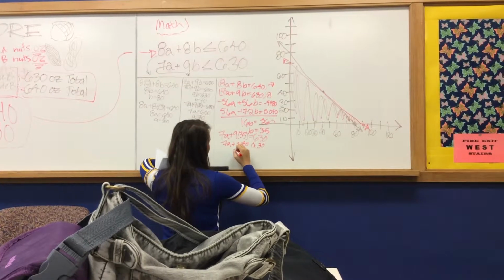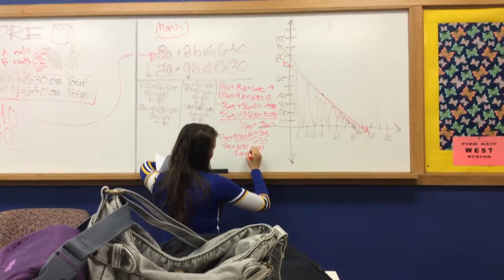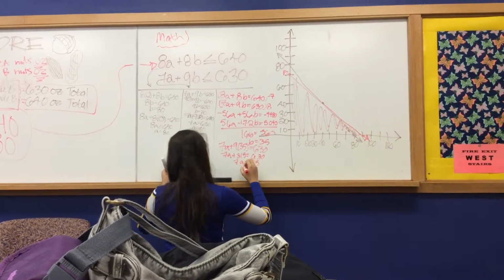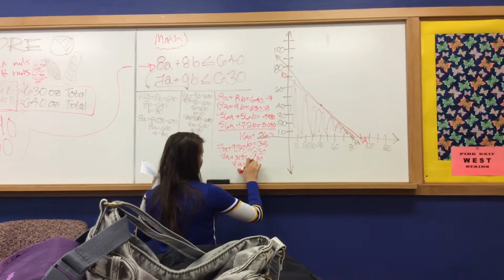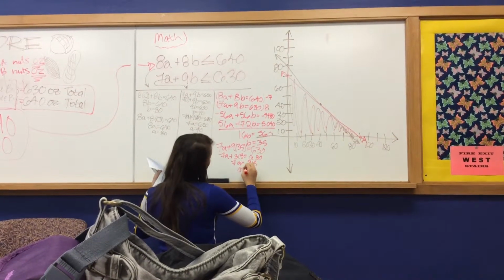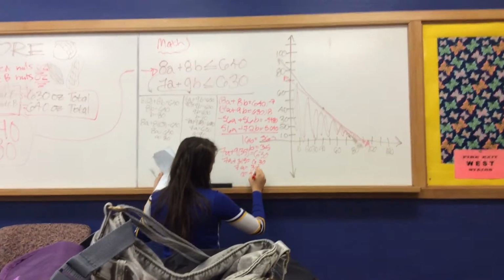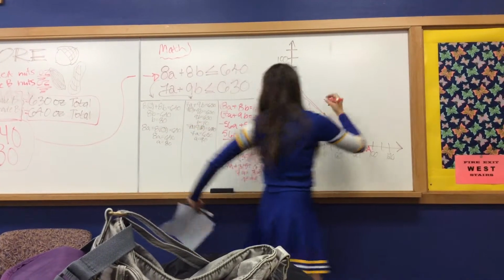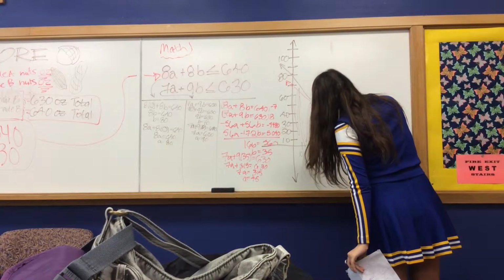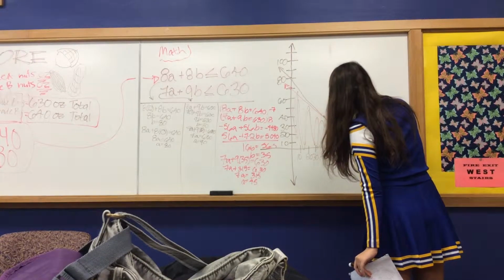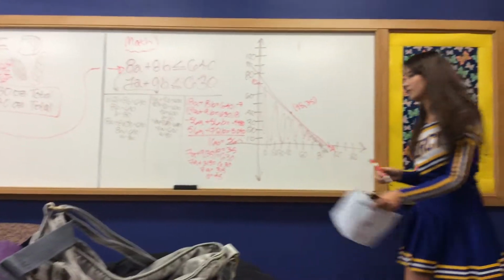And then we get 7a equals 315, and then a equals 45. So this point would be 45, 35.